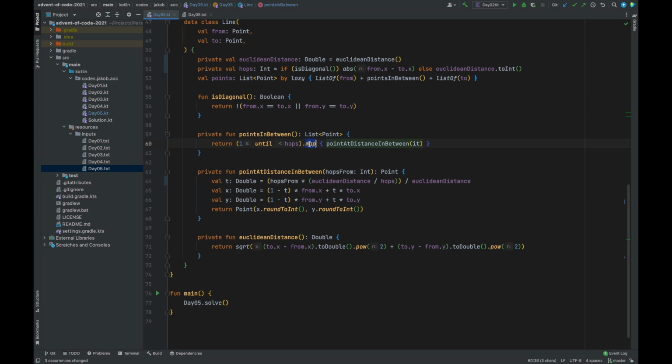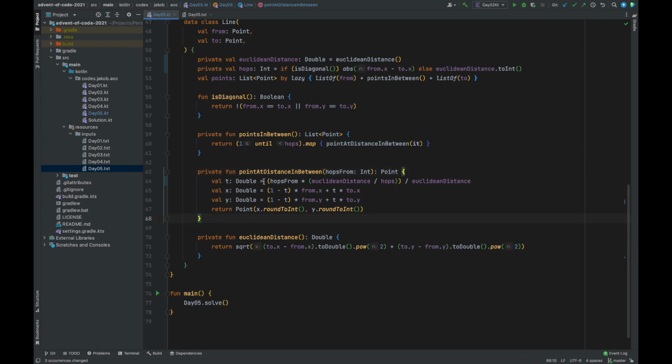And then we just map over that, calculating the point at the distance in between for that. So let's say hops were 3, we would just ask what point is 1 hop away from my from point and what is 2 away. And then you have 4 points, which are literally the 2 that are in between from and to, and from and to themselves. And that is all your points ordered in a list. So far so good. Let's look at what this does.